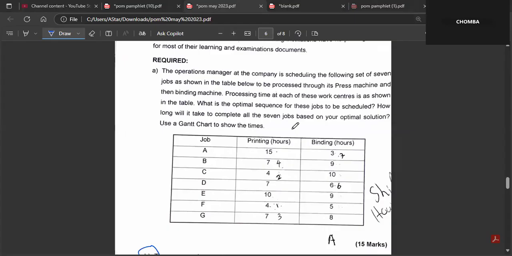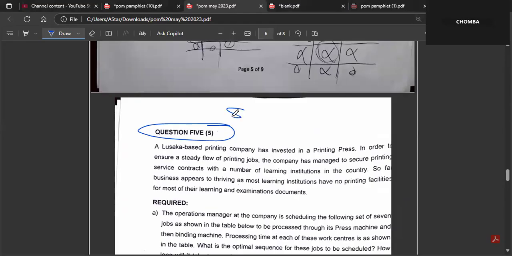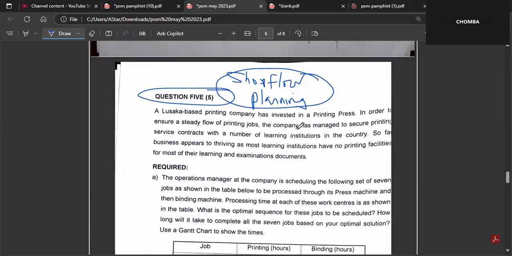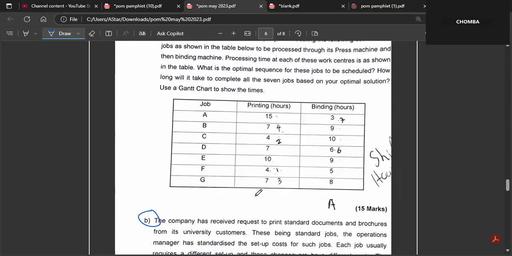So let's look at question 5. This question 5 was on shop floor planning. The first question 5, part A, was also on shop floor planning. So this now is not on sequencing. This one is on Gantt chart.